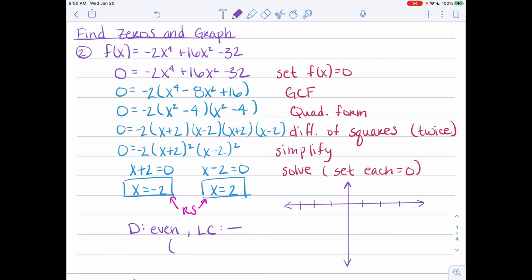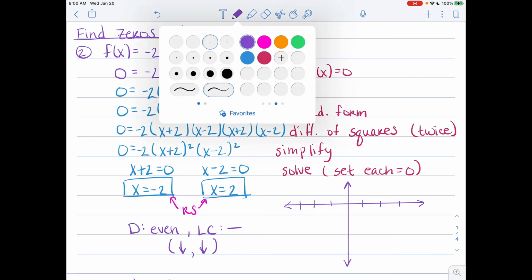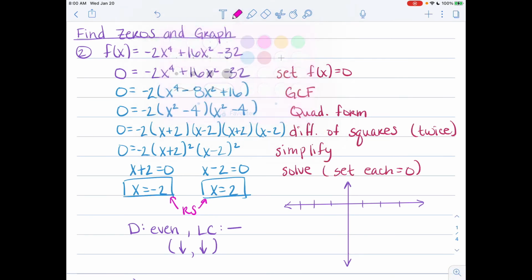Remember that the lead coefficient tells us what happens on the right-hand side of the graph, and so the right is negative, it's going down. Even says the left has to be doing the same thing. So let's go ahead and plot some points. I know that I have solutions, or I cross the x-axis, touch the x-axis in this case, at x equals negative 2 and x at a positive 2.